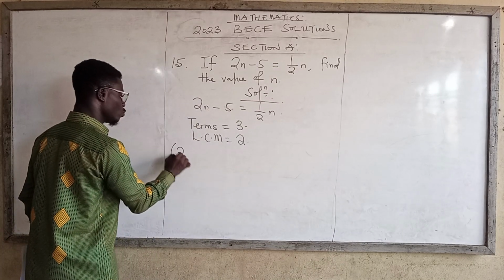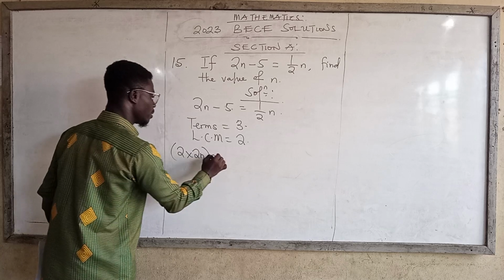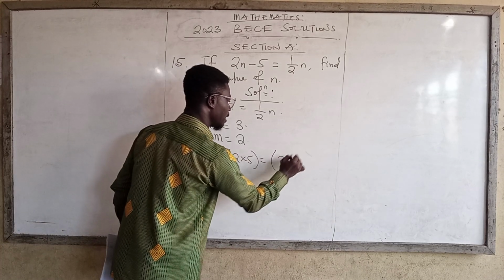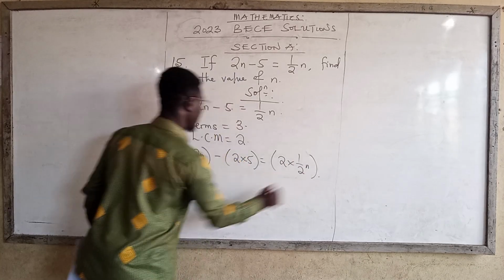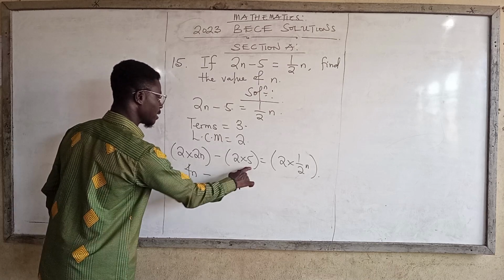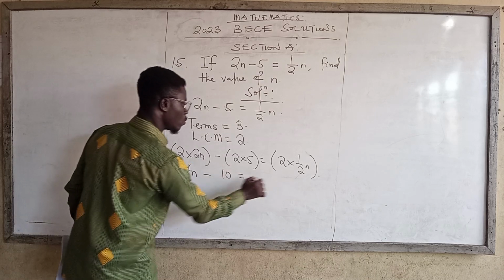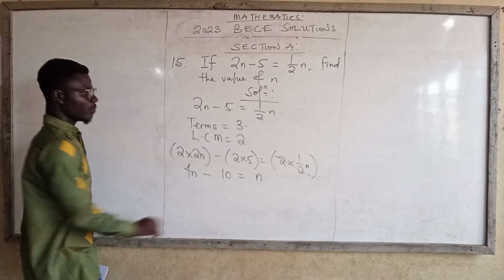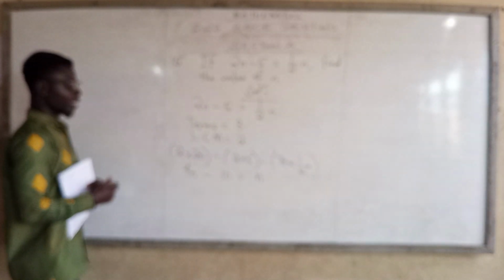So I have 2 times 2n minus 2 times 5 equals 2 times half n. So 2 times 2n, you obtain 4n, minus 10, equals, it cancels, leaving n. Because we have 1 multiplying n, and the product of that, you obtain n.